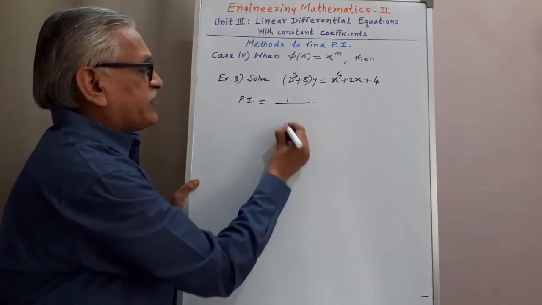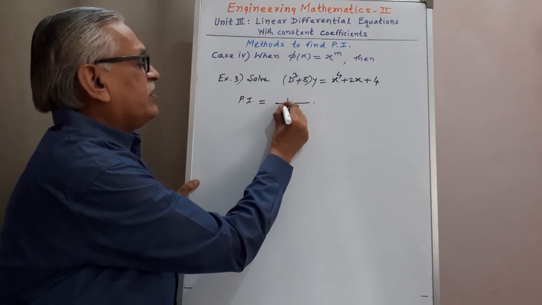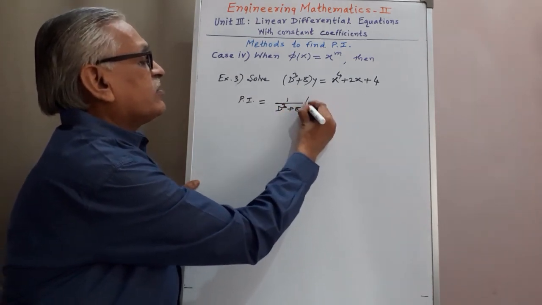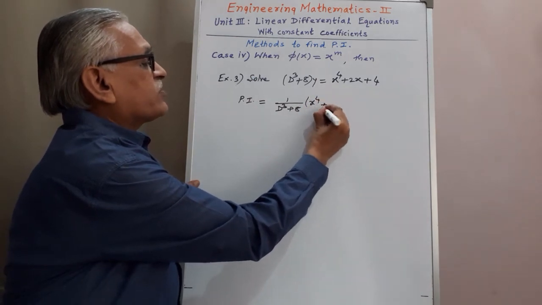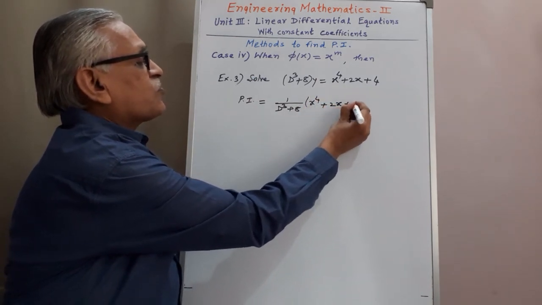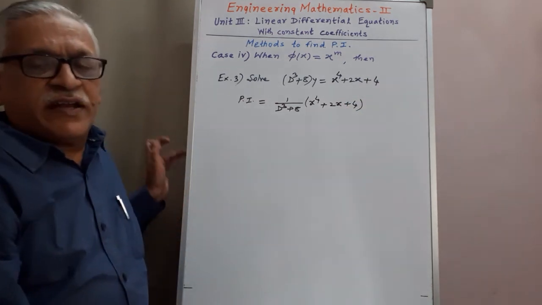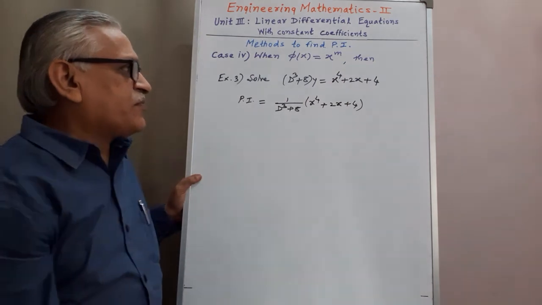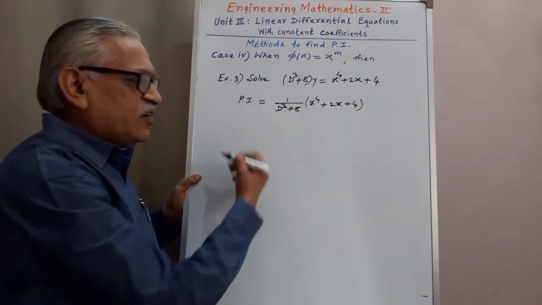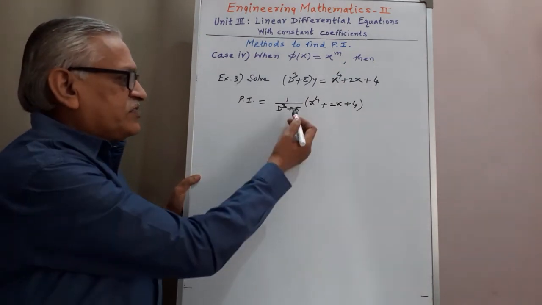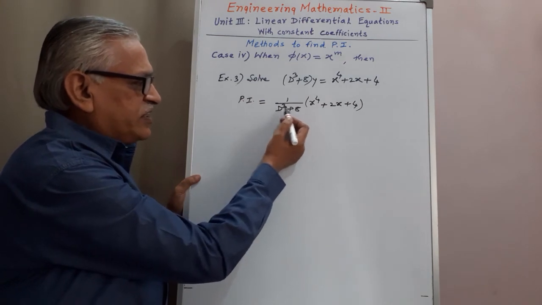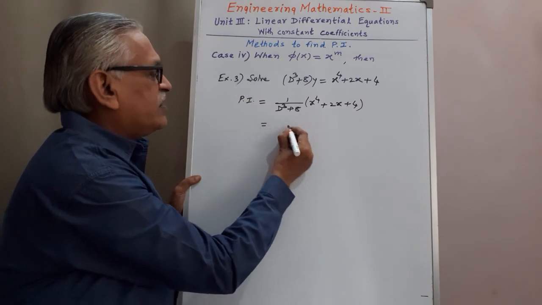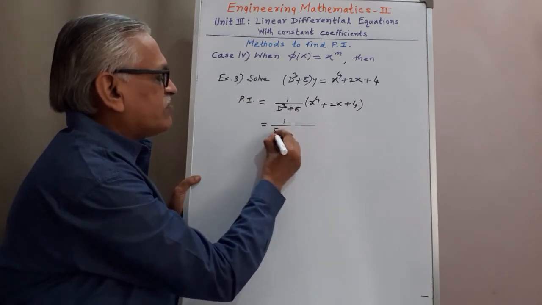Now the PI, by the inverse operator technique: 1 upon D cube plus 8, which we have to operate on x raised to 4 plus 2x plus 4. Applying the rule for an x raised to m type of term, we have to take the lowest degree term as a common term from the denominator. The degree of the first one is 3, the degree of the last term is 0, and therefore we take 8 common from all this.